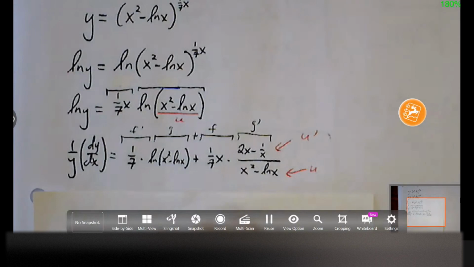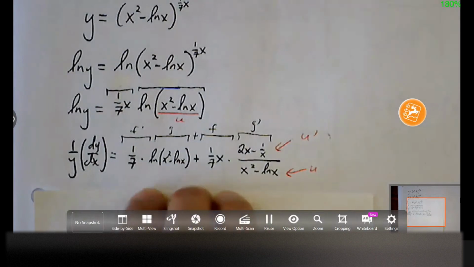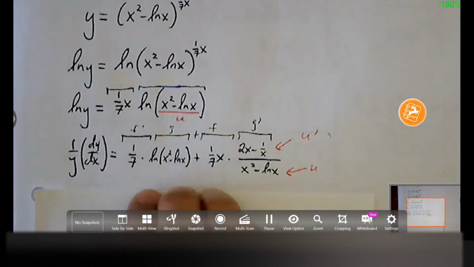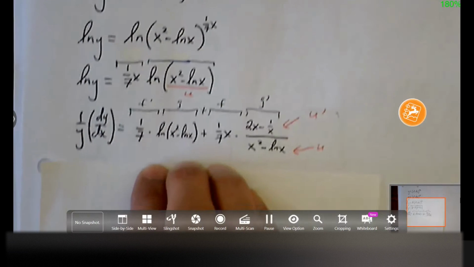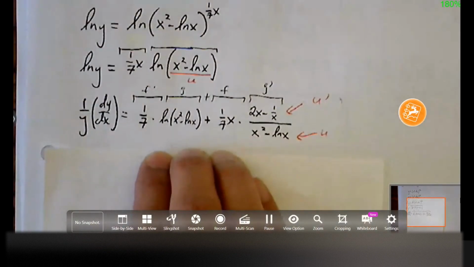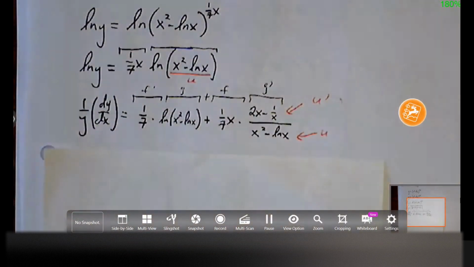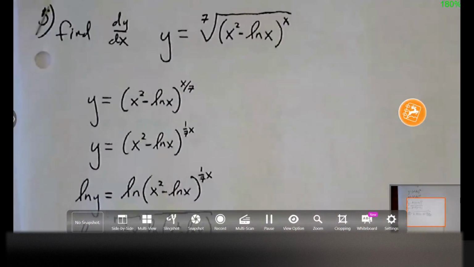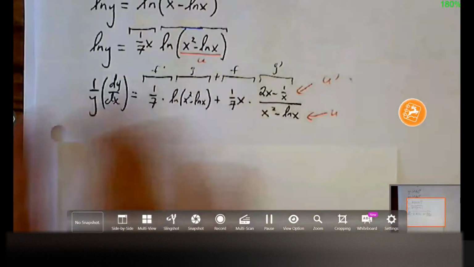Okay, any questions up to this point here? All right, what's our goal here? We're trying to get what by itself? What's the problem say? We're trying to find what? The derivative, right? One over y, same thing as what?